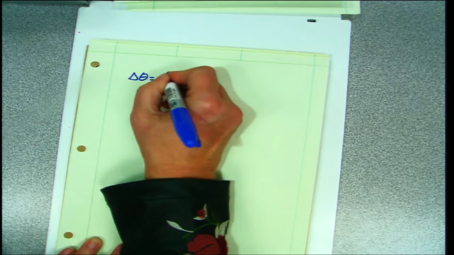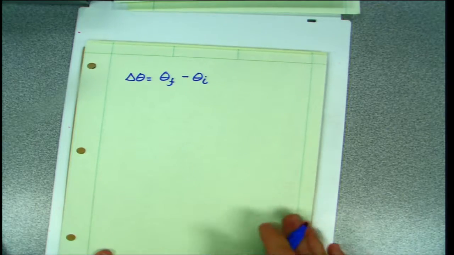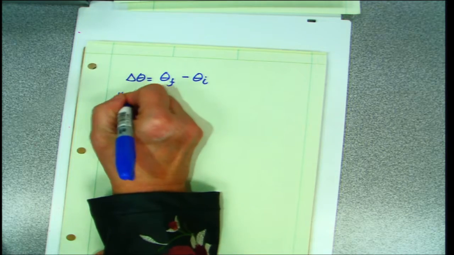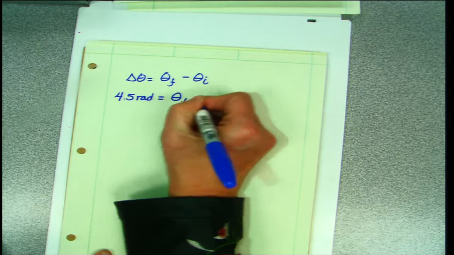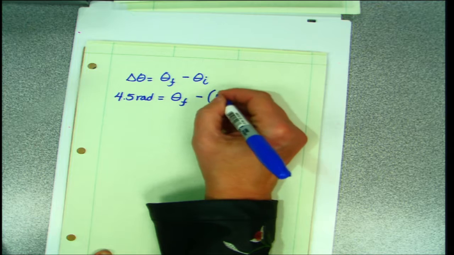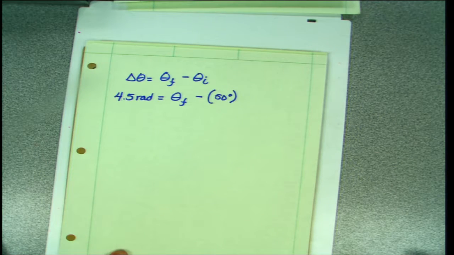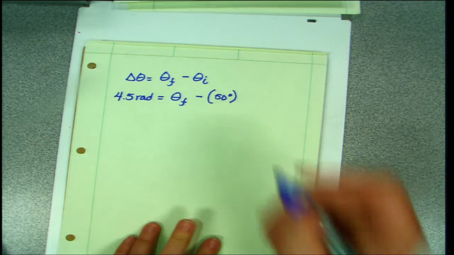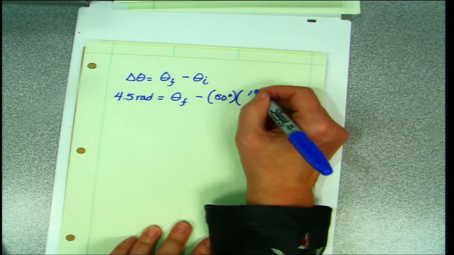Well, we got a problem. We're in mixed units, so I have to convert. I can use a couple of different conversion factors. I'm going to use pi over 180 degrees, because if I draw my circle, 2 pi is 360, or pi is 180. I can use either of those conversions.